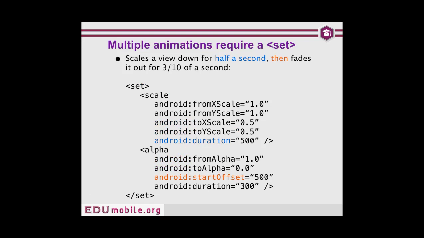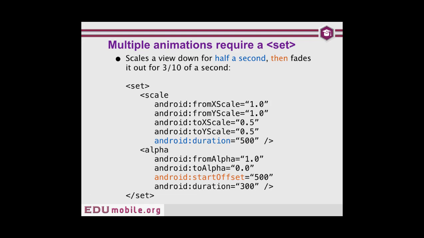Here's another animation. Multiple animations require a set. We group them up into a set of animation. So this scales a view down for half a second and then fades it out for 3/10 of a second. So we have a set and we have scale and alpha. The from X scale and from Y scale are 1.0.